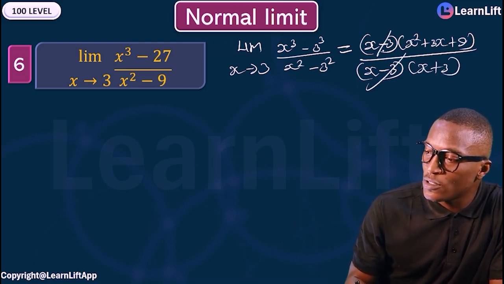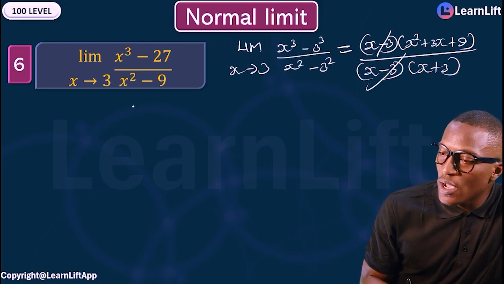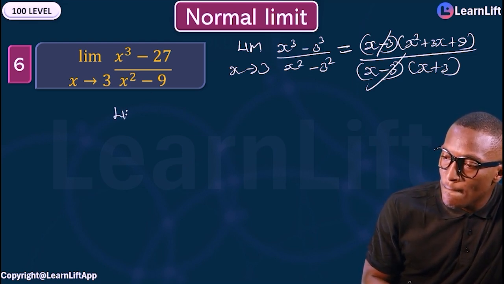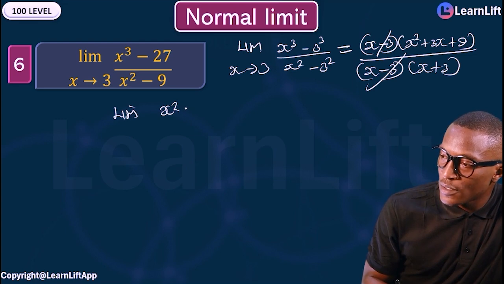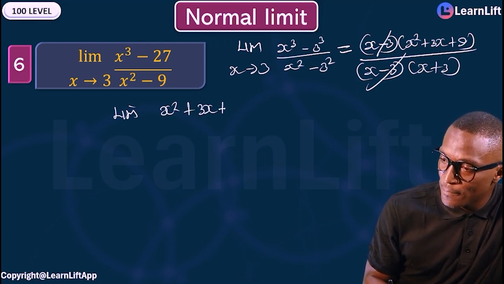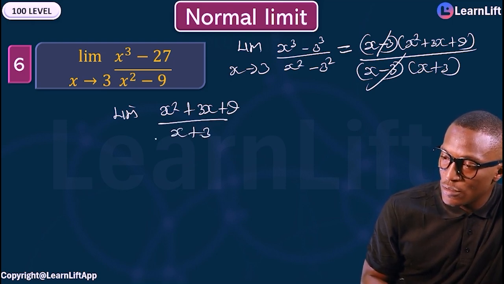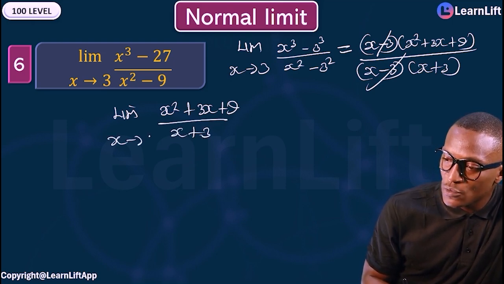So x - 3 will cancel x - 3. What do we have? We're going to have the limit of x squared plus 3x plus 9 all over x + 3 as x approaches 3.